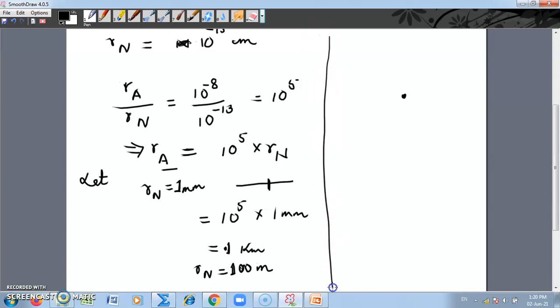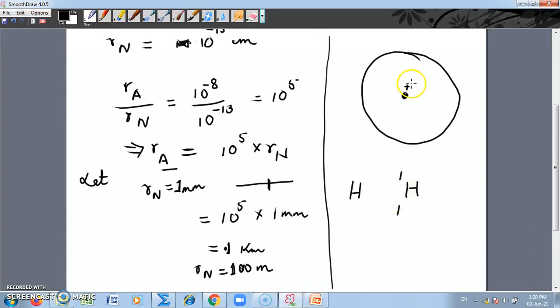Now let us do a comparison between the mass of a whole atom and the mass of the nucleus. Let me draw the atom, and this is the nucleus. You see, let us take the lightest element, hydrogen. You know that for hydrogen we have H 1, 1. That means it has got one proton only. It doesn't have a neutron, as you all know, and we have an electron which is negatively charged.